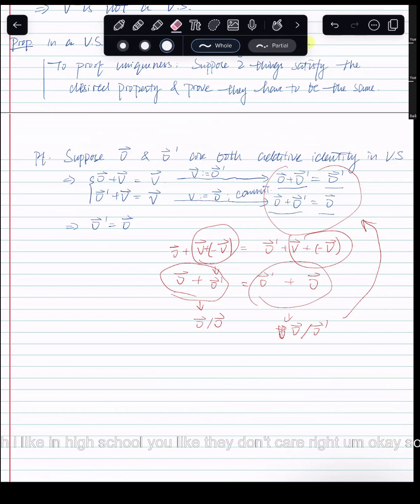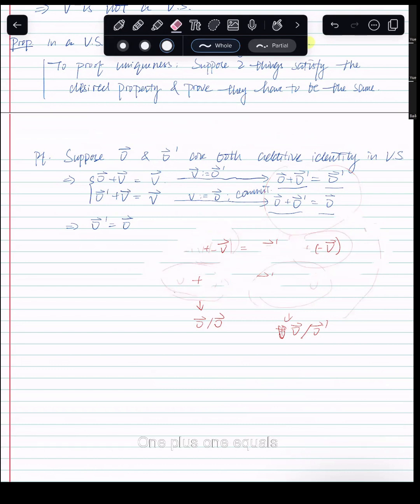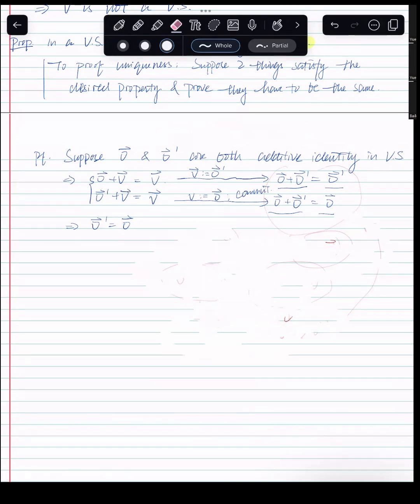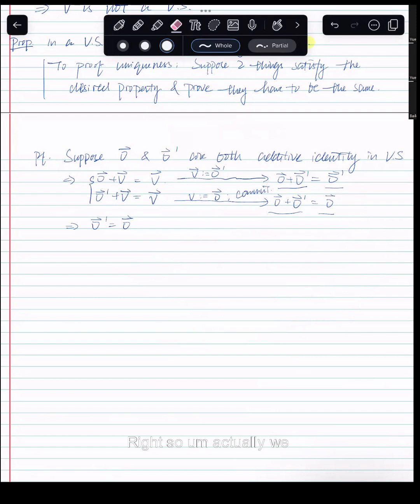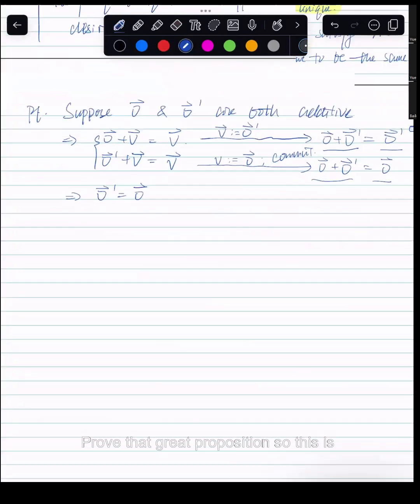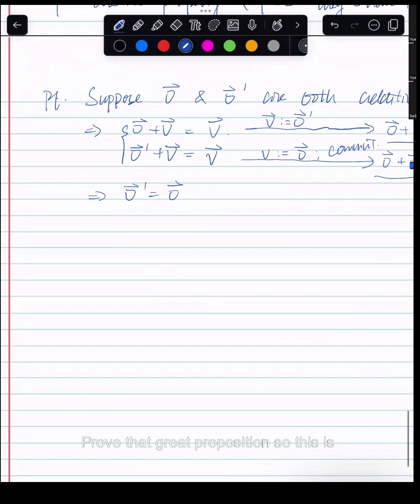Okay, so let's use these. Actually we can do one more example, a proposition.